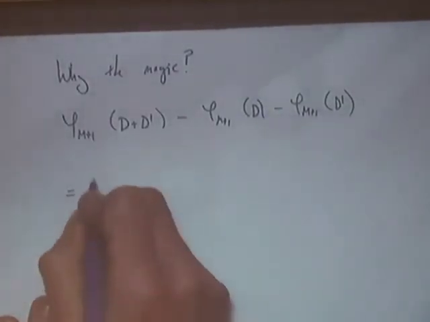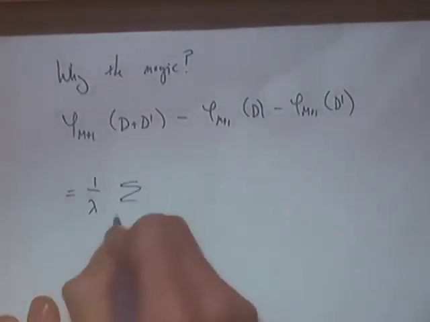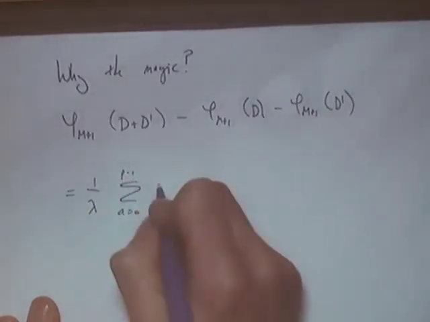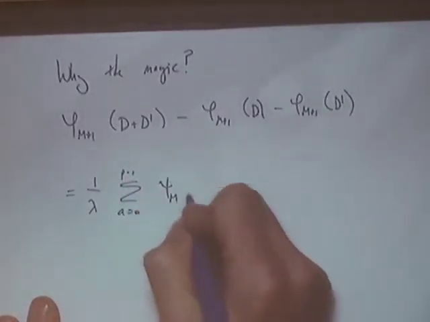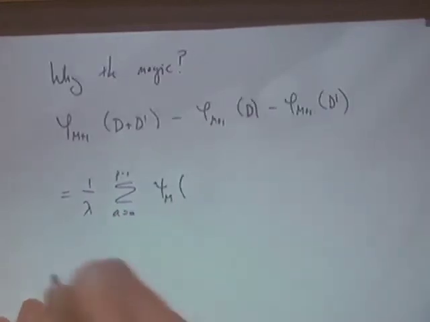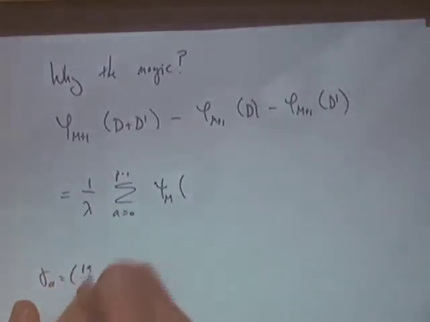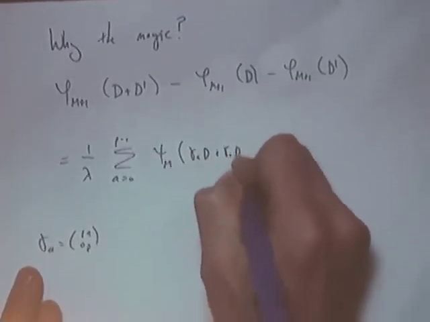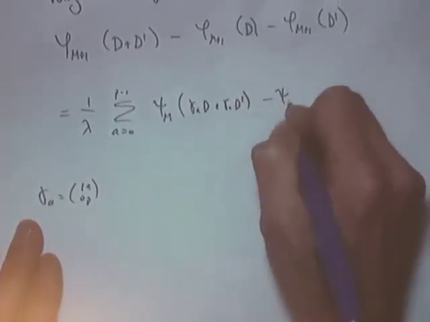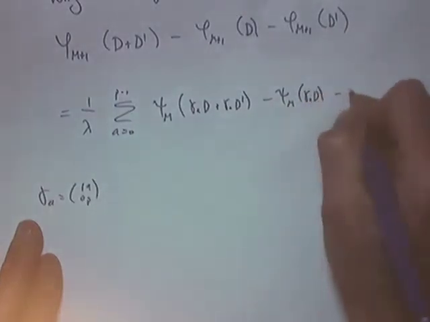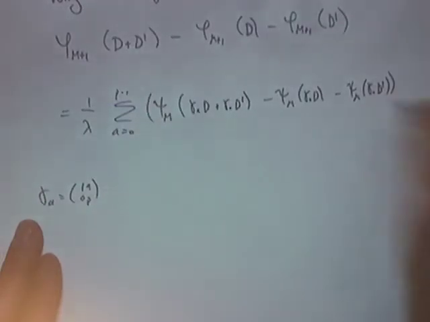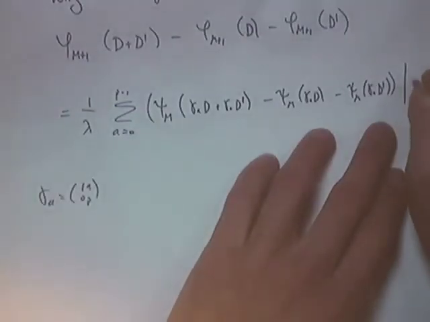So this is 1 over lambda, the sum of all those matrices 1a 0p of psi m. Let me let gamma a be that matrix 1a 0p. So gamma ad plus gamma ad prime minus this whole thing, and then I have to act on that matrix 1a 0p.